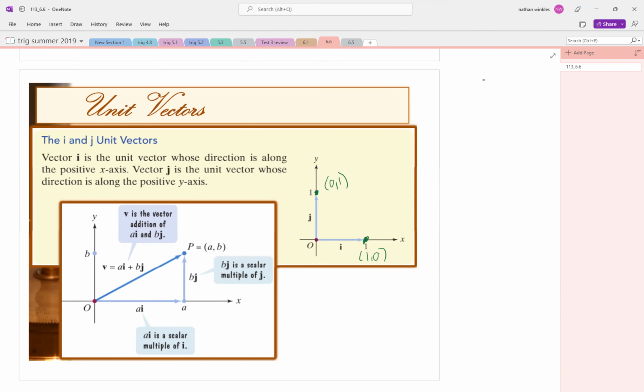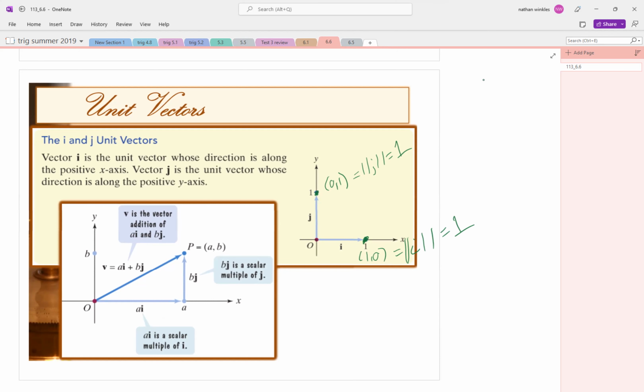So if we took the magnitude of our vector j, we get 1. We take the magnitude of our vector i, we also get 1. So we could rewrite this point (a, b) as multiples of our unit vectors.